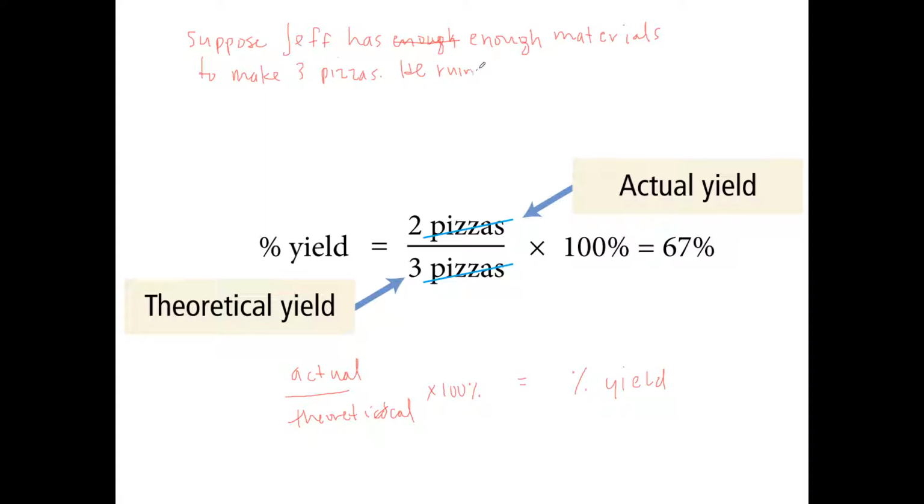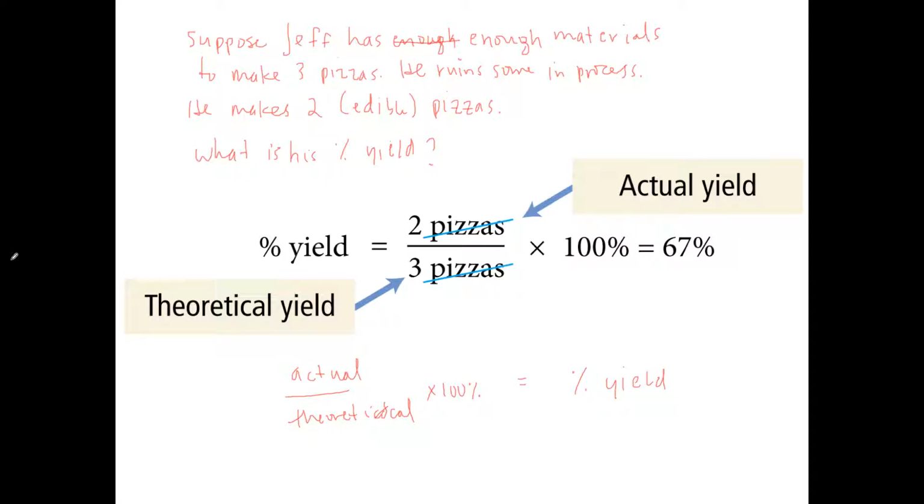He ruins some in process. I won't even say how he ruins it. He makes 2 edible pizzas. What is his percent yield?